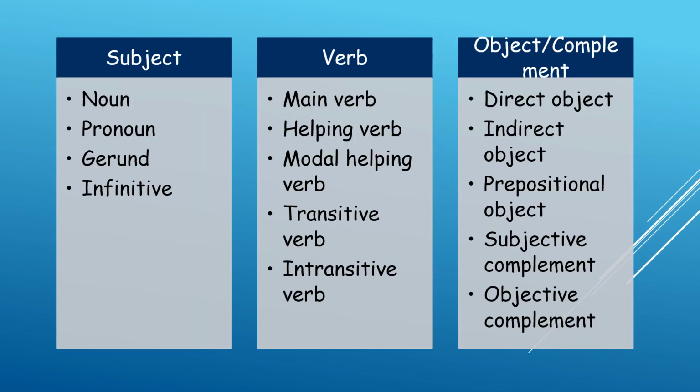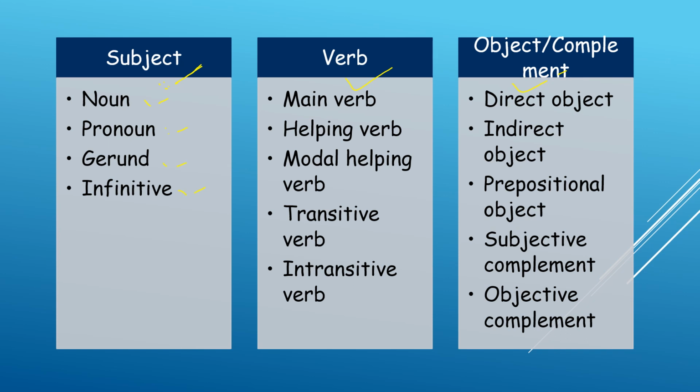So until now we have studied what is a subject, what is a predicate, what is an object. Now a sentence can be divided into subject, verb, and object or complement. So what will come under a subject? The subject may be either noun, pronoun, gerund or infinitive.